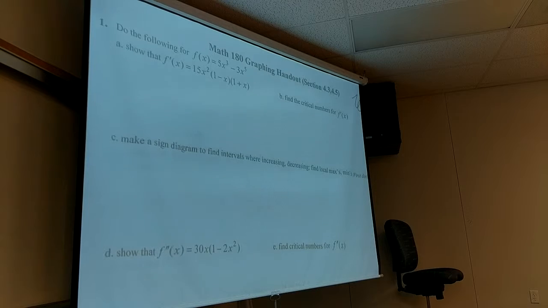And if I do that, I make that sign diagram. What does that sign diagram directly tell me? When I put the pluses and minuses, not concavity yet. Negative and positive slope. So that's where the function's increasing, decreasing.